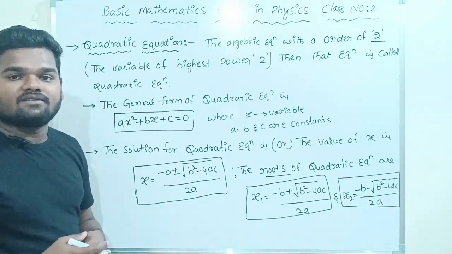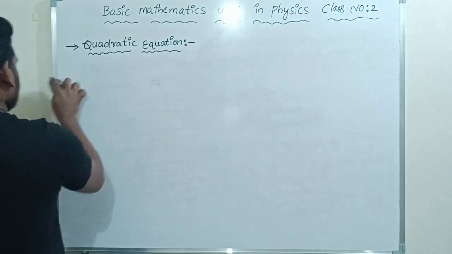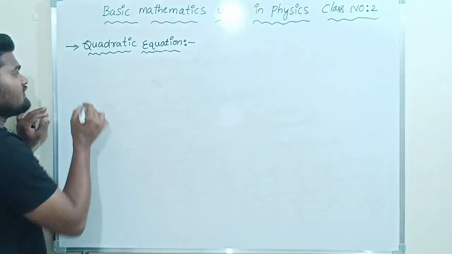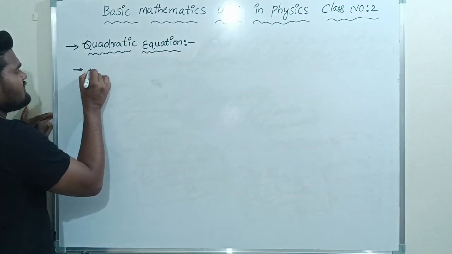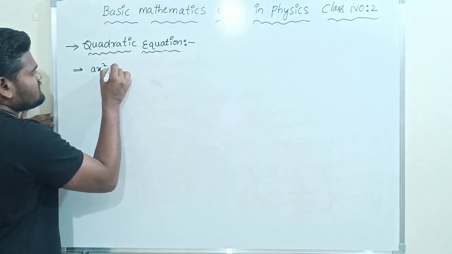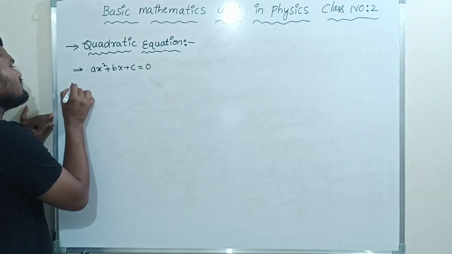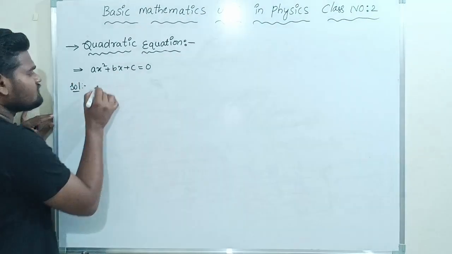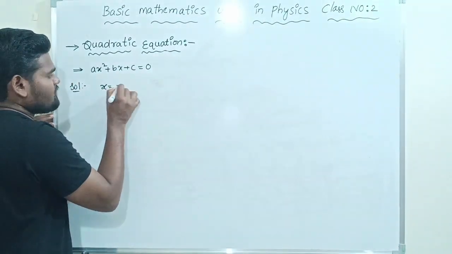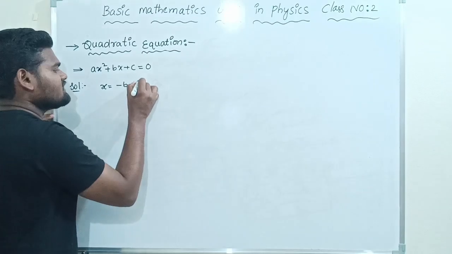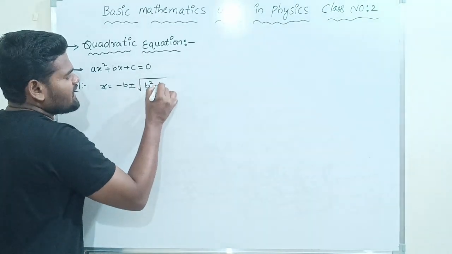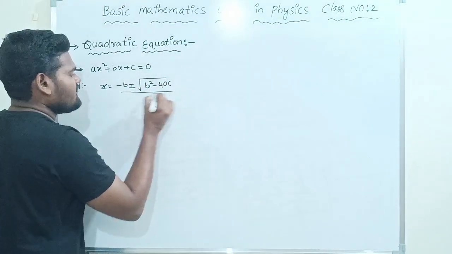Okay, write down. Okay, right. So the general form of the quadratic equation is ax square plus bx plus c is equal to 0, and its solution is what? x is equal to minus b plus or minus under root of b square minus 4ac by 2a.